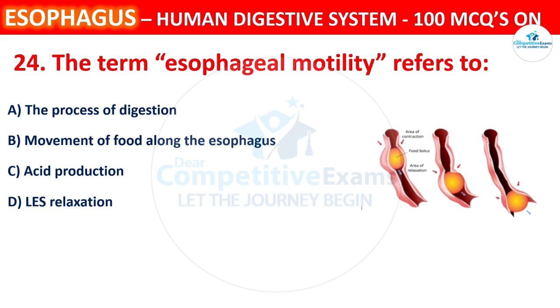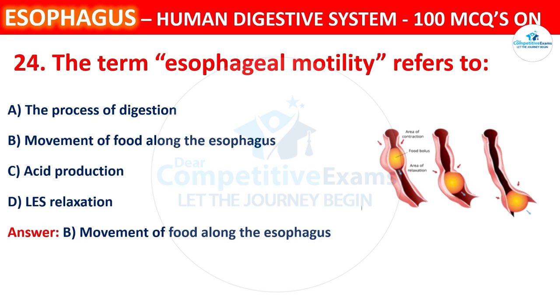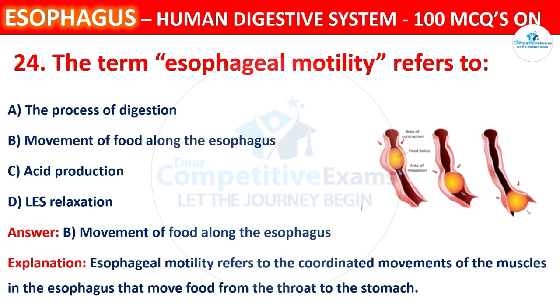The correct answer is B, that is movement of food along the esophagus. Esophageal motility refers to the coordinated movements of the muscles in the esophagus that move food from the throat to the stomach.